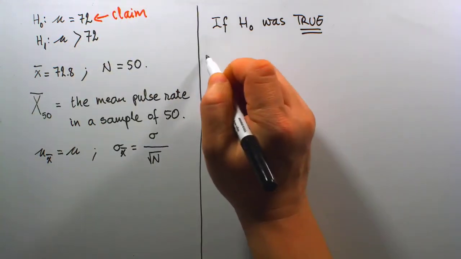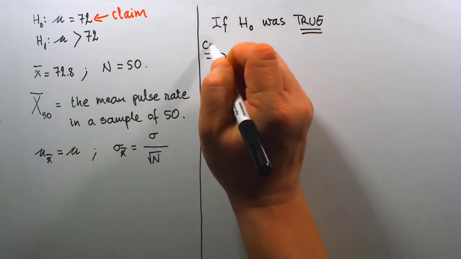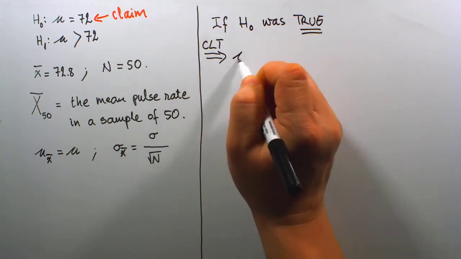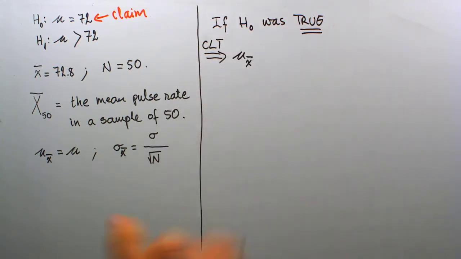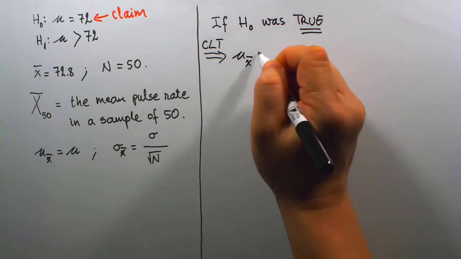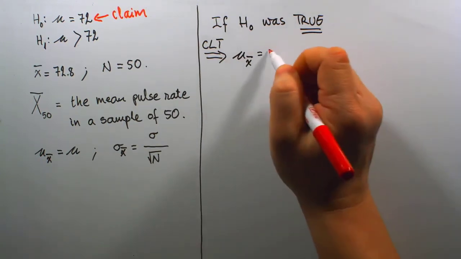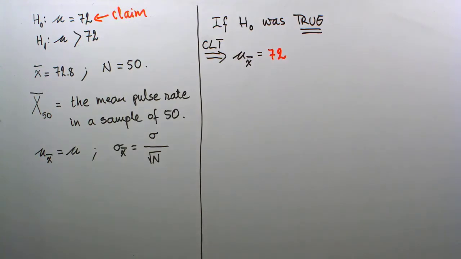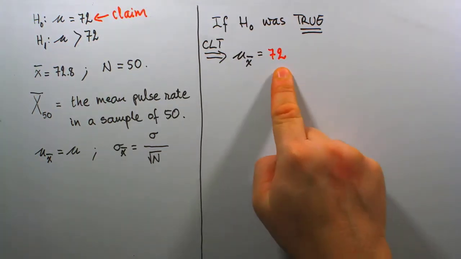Then consequently, according to the central limit theorem, mu x bar, which was stated to be equal to mu, and now we are accepting that mu equals 72 as in the claim, must equal 72. And allow me to write this value in red ink right here.